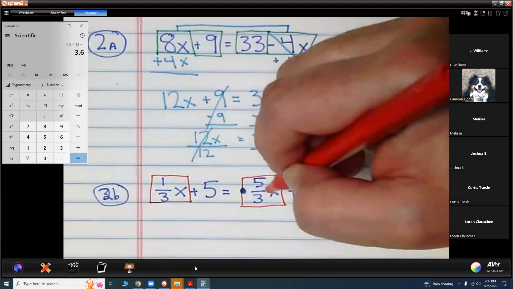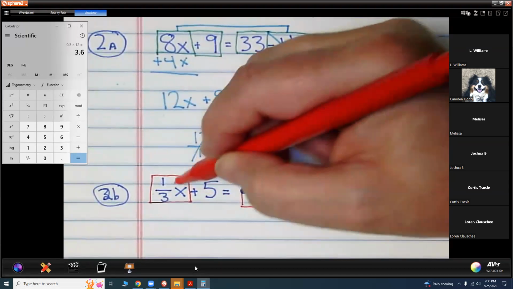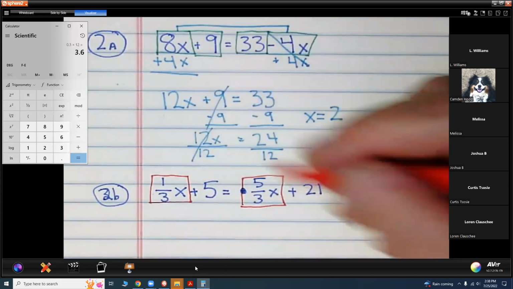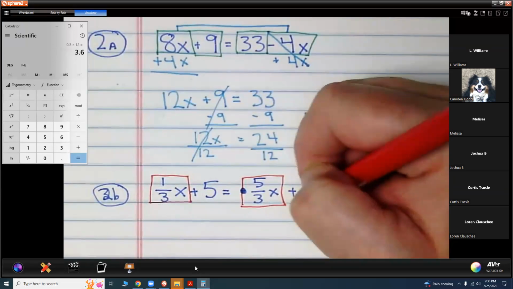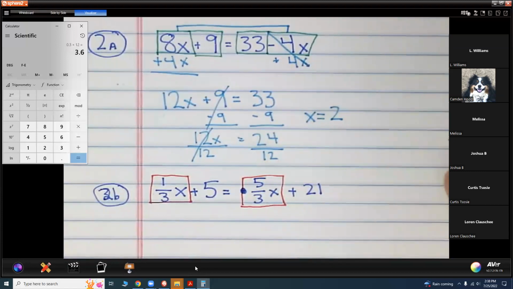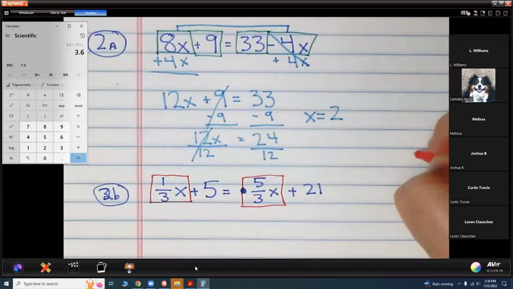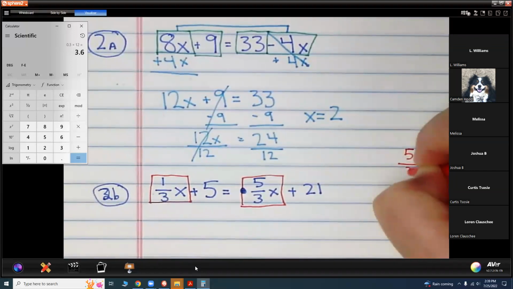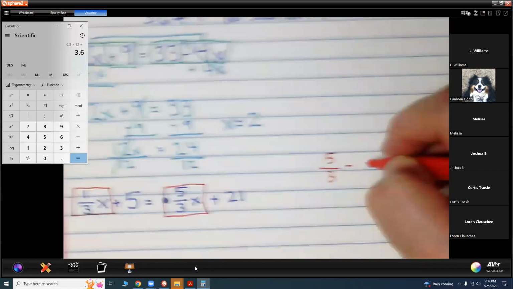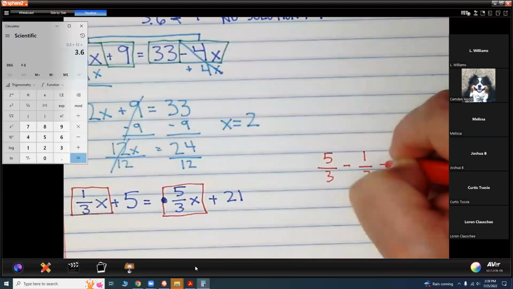Here, both of my x terms are positive, so I'm going to choose the smaller. So I'm going to subtract 2/3 from both sides. 5/3 minus 2/3 is 3/3 or 1, right? Or no, I'm sorry. 5/3 minus 1/3 is 4/3, sorry. Goodness gracious, 5/3 minus 1/3.